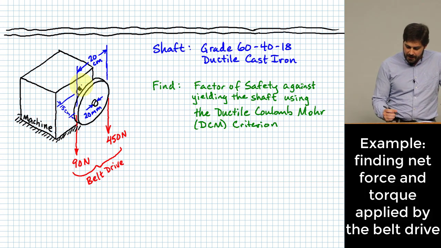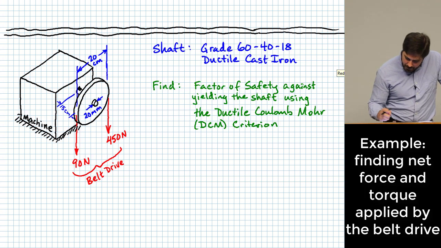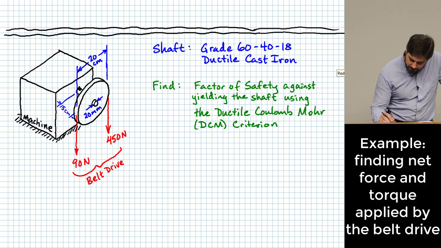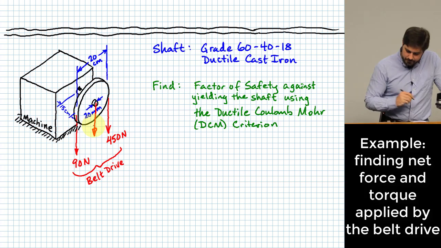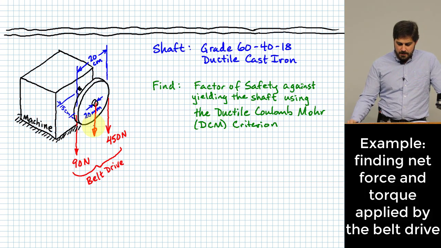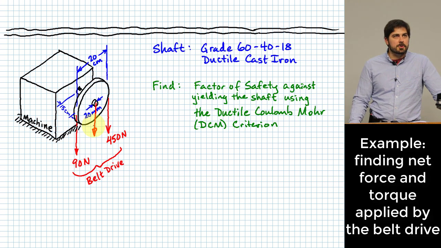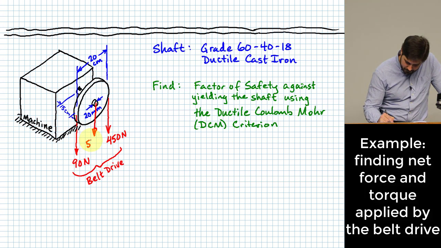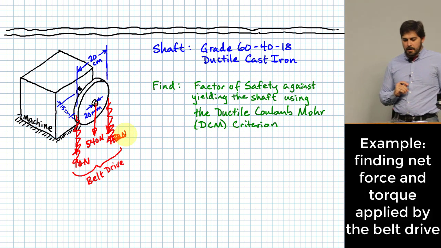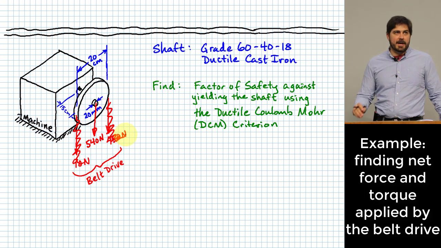So I'm going to take my 90 and my 450 and put them right here. What would that magnitude of force be? 540? Okay, so now we've done away with this one and this one. But what else do I need to do to make that valid?